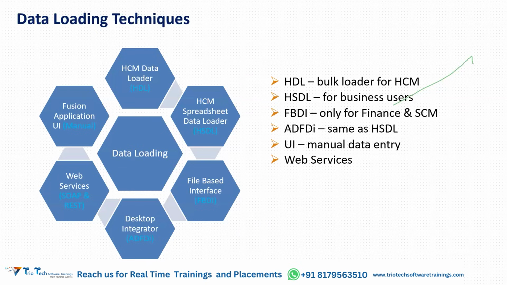So for that, Oracle has provided different tools. As we discussed, some tools may be specific to one particular module. The tools starting with the keyword HCM are for the HCM product, and the tools for the ERP product, ERP meaning supply chain as well as financials, include FBDI, which is the tool we are going to learn.